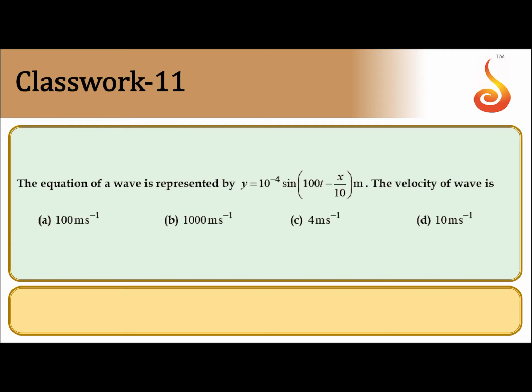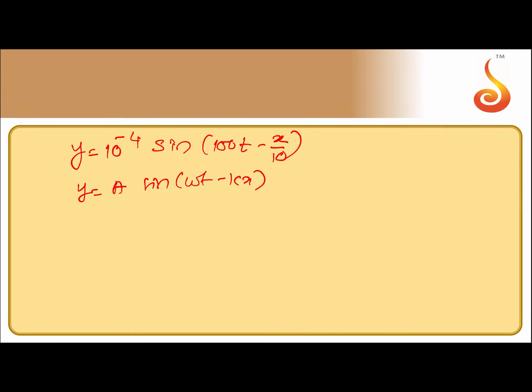The velocity of the wave is... So if we compare it with y is equal to a sine omega t minus kx, we get omega is equal to 100 and k is equal to 1 by 10.